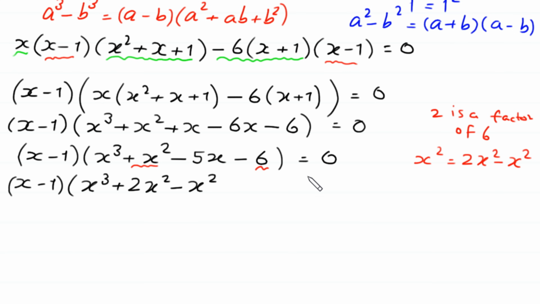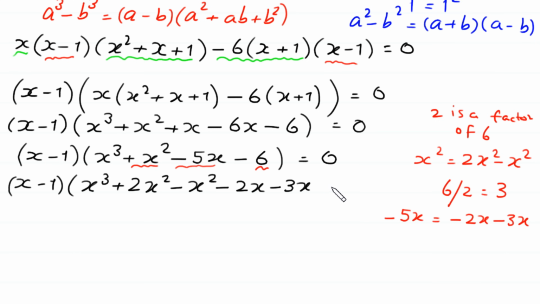And because 6 divided by the common factor 2 is equal to 3, we split this negative 5x as negative 2x minus 3x. Then this minus 6.